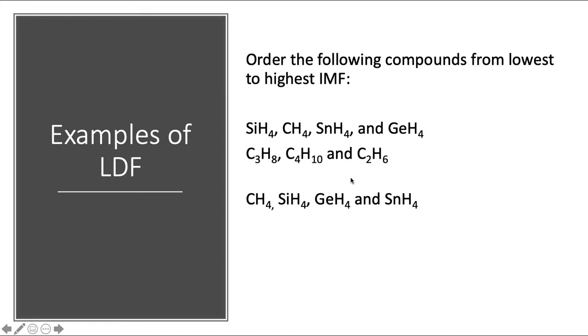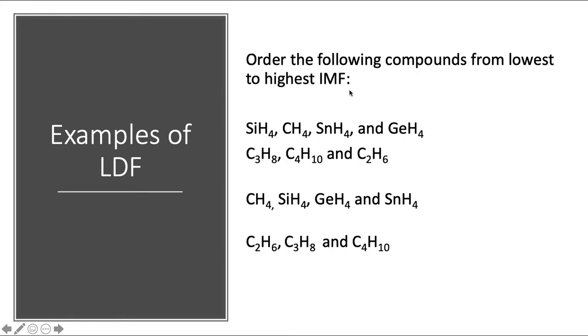So as you can see, the molecular weight is increasing. This is the lowest, this is the next lowest, and this is the highest molecular weight. If you remember from the previous slide, the larger the molecular weight and the size of the molecule, the higher the intermolecular force.